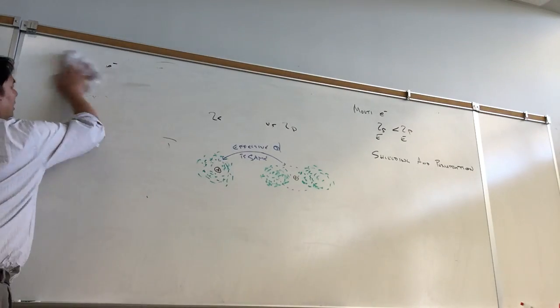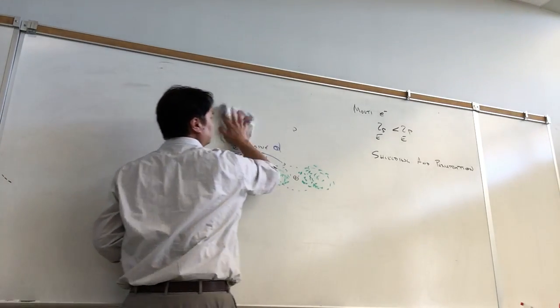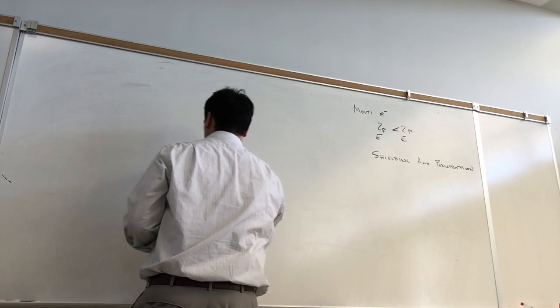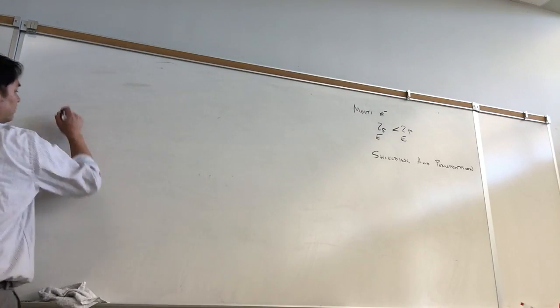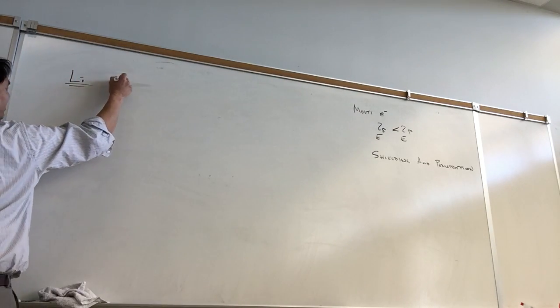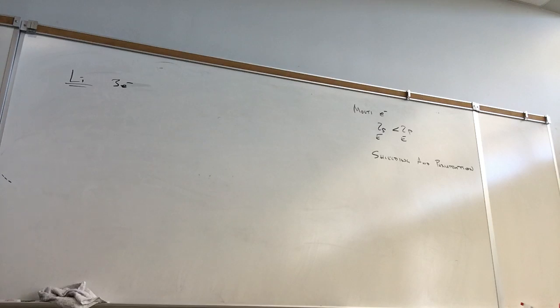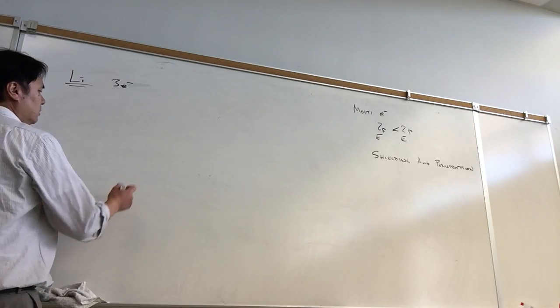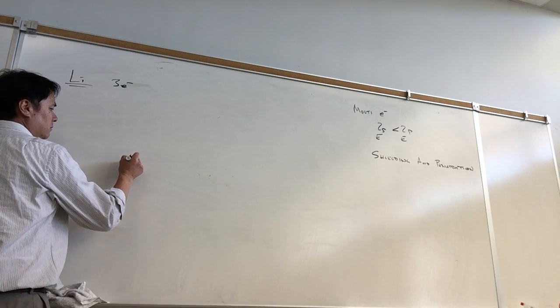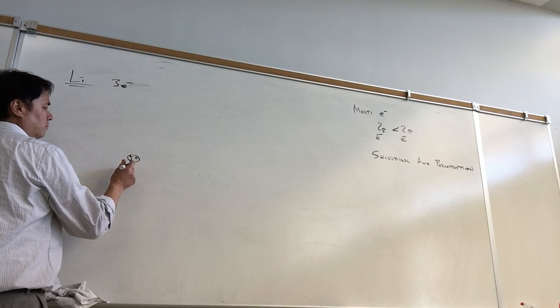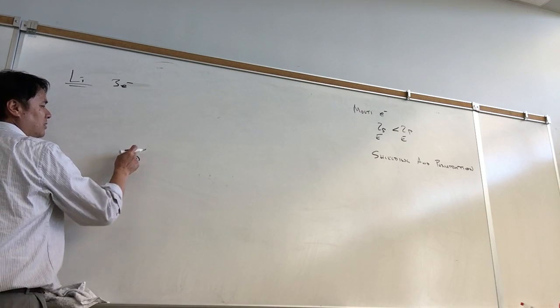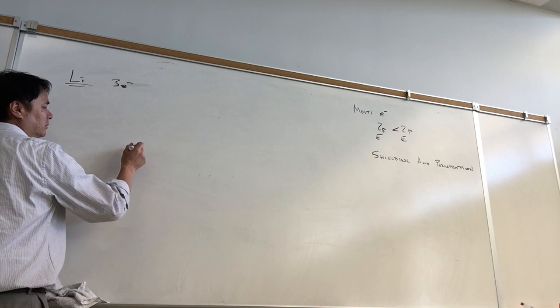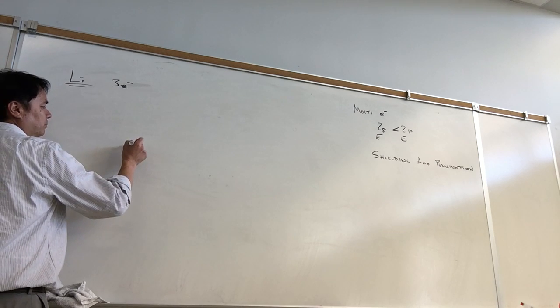So let's take a look at the lithium atom, see what we're talking about here. Lithium has 3 electrons. Do you know how many electrons the nucleus holds? None. How many electrons does the 1s orbital hold? 2.